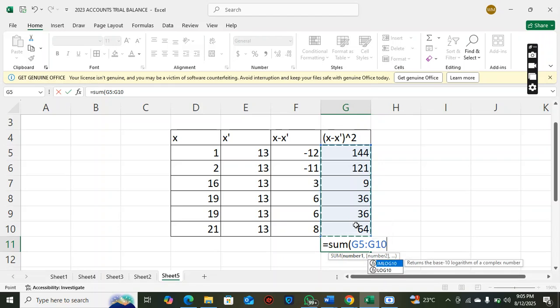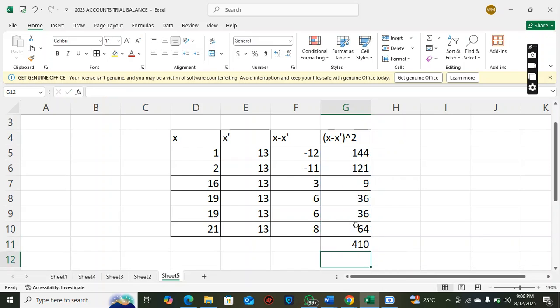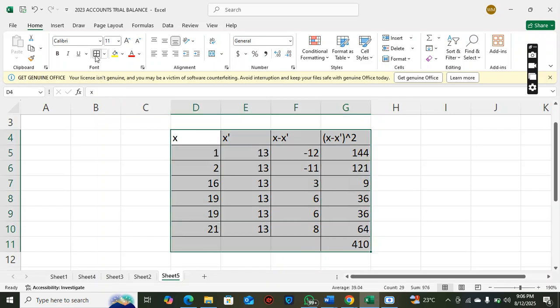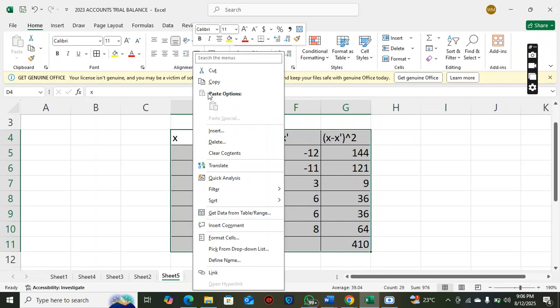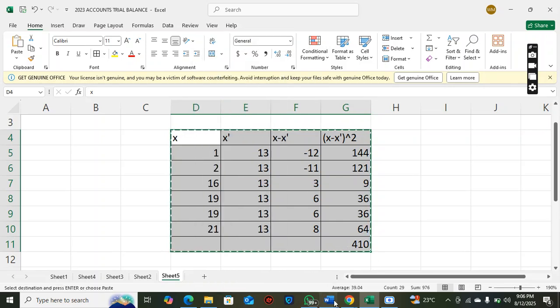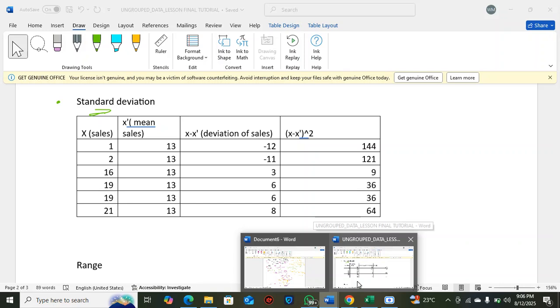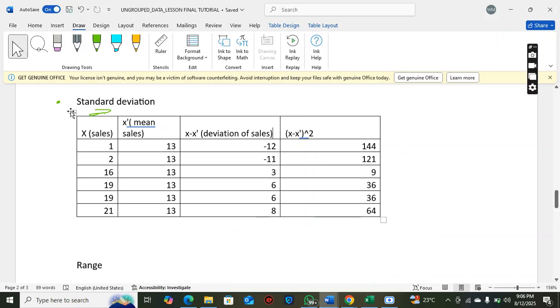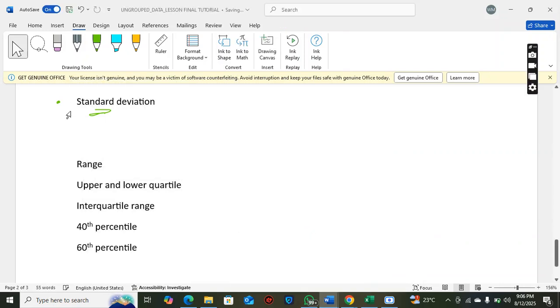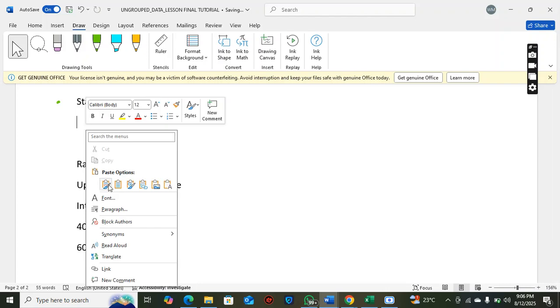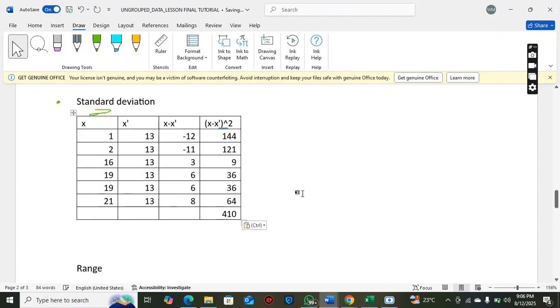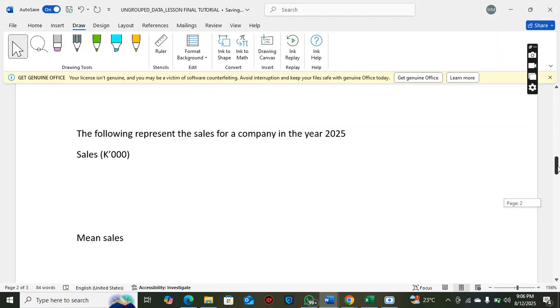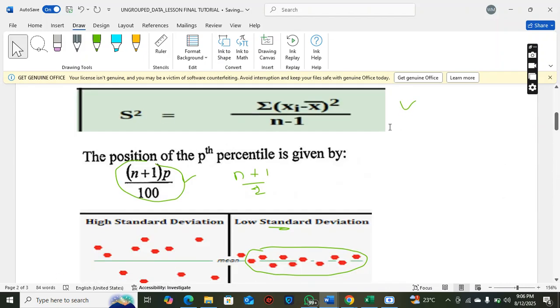Okay, so then these squared values, we need to get the total. 410. That is the total. Now we can calculate first the variance, which is the standard deviation squared. Then the square root of the variance is the standard deviation. So we're going to use this formula here.